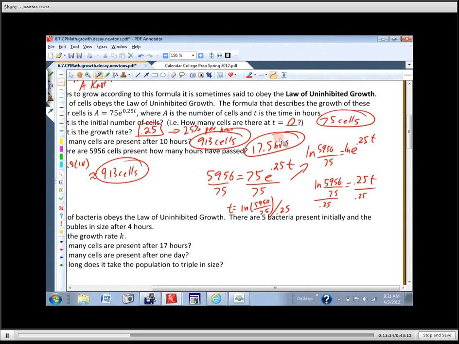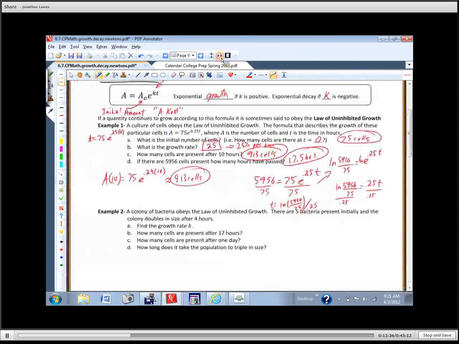So think about that for just a second. We put 75 in there to begin with, and not even a day later, in 17 and a half hours, there are almost 6,000 of them. Gone from 75 up to 6,000 that quickly. Okay? Any questions?